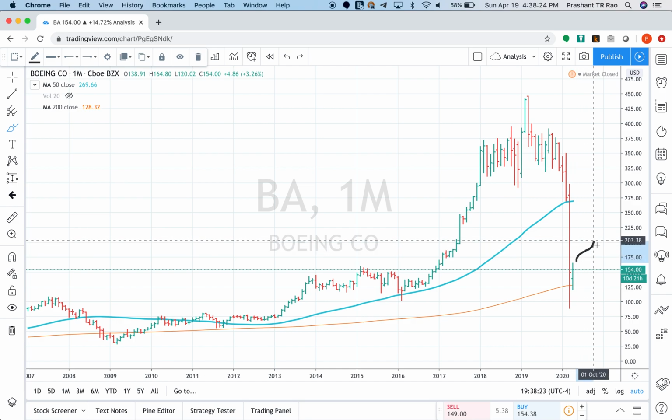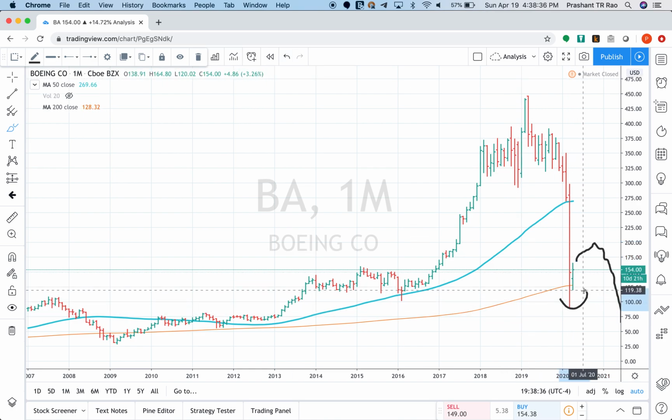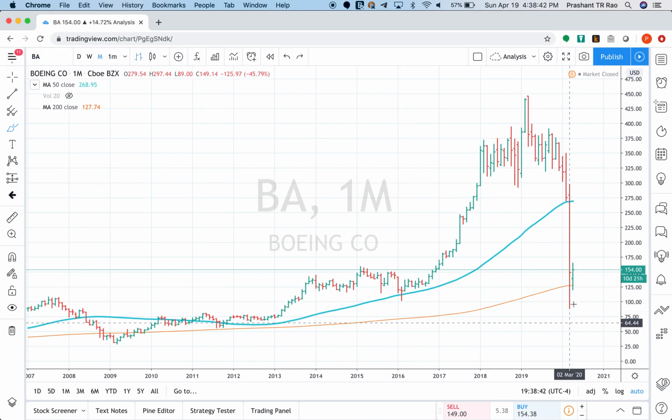So the likely path, if it heads downward, would be something more like this. It's too early to tell, but given the massive support level here, which is the 200-month moving average, it's less likely that it's going to just fall off a cliff right here.